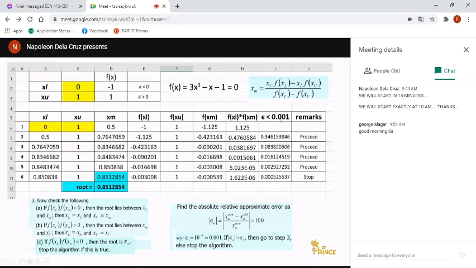This condition can be changed to 0.00000001. If that becomes the condition, your iterations here might increase a lot, because we are following the condition being satisfied with the absolute relative approximate error. So that will now be our root.